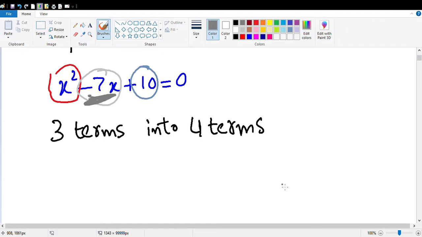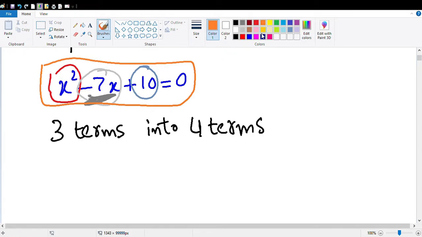From the first 2 terms we're going to get something common, from the second 2 we're going to get something common, and we're going to take that common and get the factors of this quadratic equation, right? So this is a quadratic equation, x squared minus 7x plus 10. When we split it, we get its factors, what it multiplies into to get us this equation.